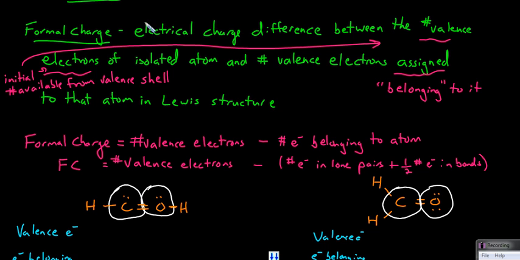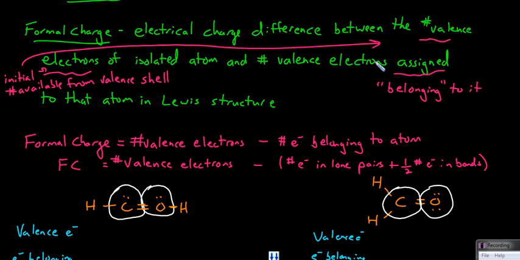Okay, so formal charge is the electrical charge difference between the number of valence electrons of an isolated atom of that element and the number of valence electrons assigned to that atom in the Lewis dot structure. Or really it's just kind of the number of electrons brought to the table from that atom of that element, which is just the number of valence electrons, which is the same as the group number for that element.